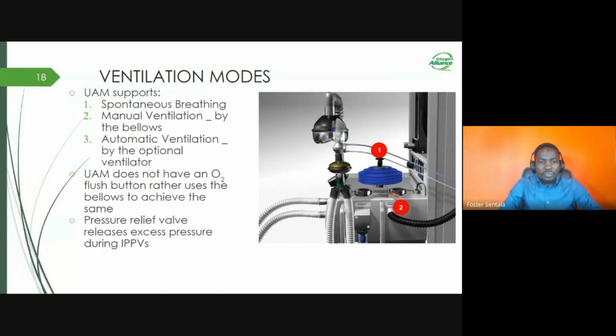So as you can see from the diagram, the part labeled 1, that is the bellows that are used for manual ventilation. So when you have gas flowing from the machine to the patient, there are two valves that are placed before and after these bellows.